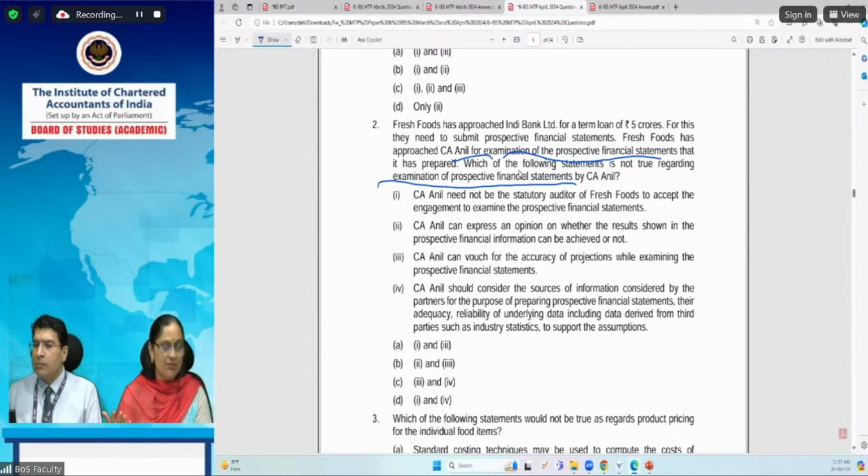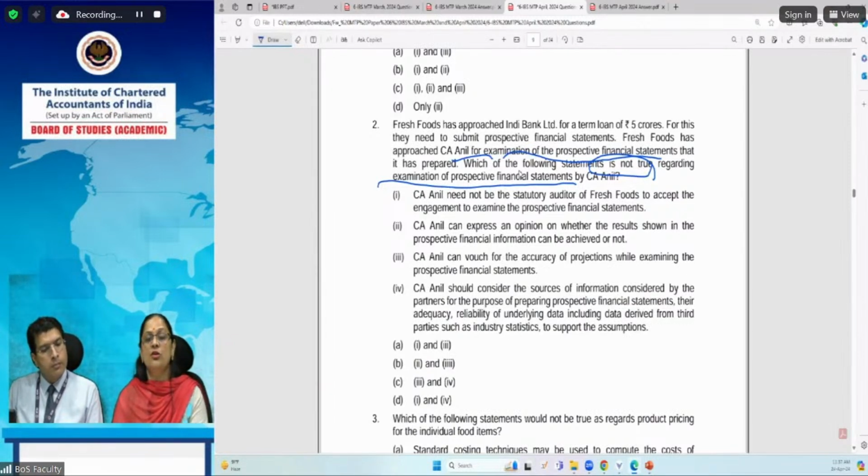So this SAE will be applicable, which is given in your study material, right? So what is being asked, as I told you, is which statement is not true. So we need to check, while examining the prospective financial statement, which statement is not true. We need to emphasize the words not true.